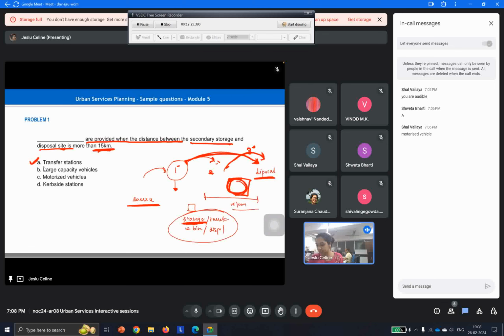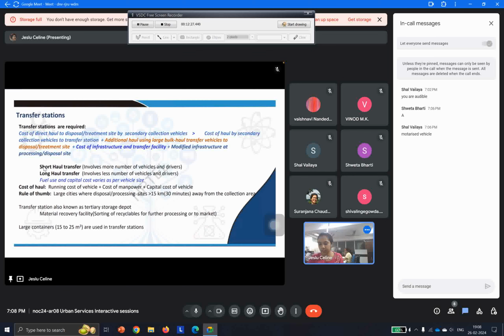This is what we discussed in the slide at a later part of the lecture. We discussed that transfer stations are provided under a certain condition. And what is that condition?